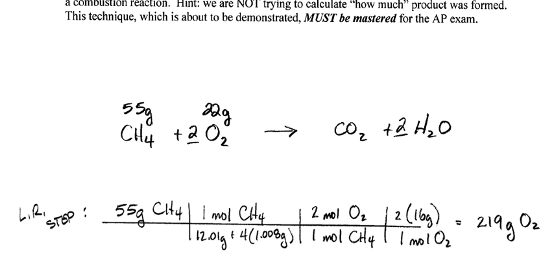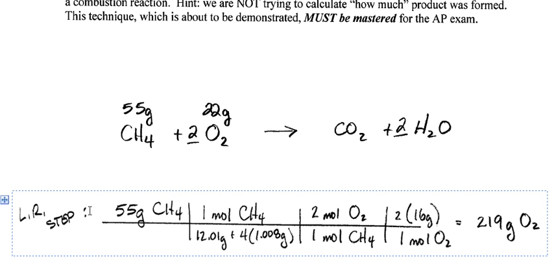What does that mean? This is where a lot of students have trouble, because they do the calculation and then they just stare at the problem and wonder, what have I just done? Well, here's what you need to do. You need to talk yourself through this. You say, if all 55 grams of methane are reacted and completely consumed, I'm going to need at least 219 grams of oxygen.